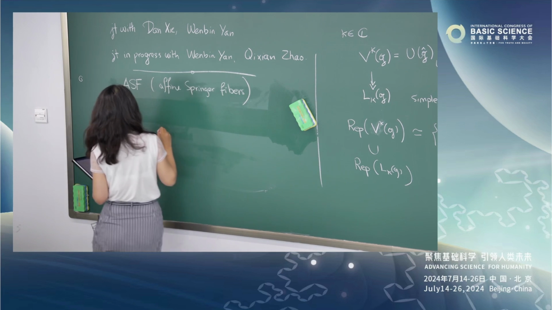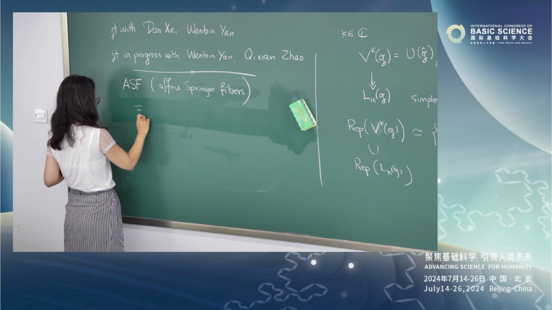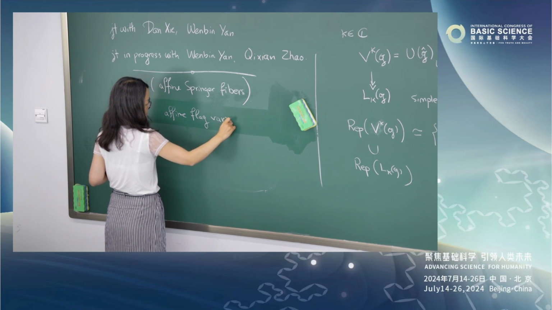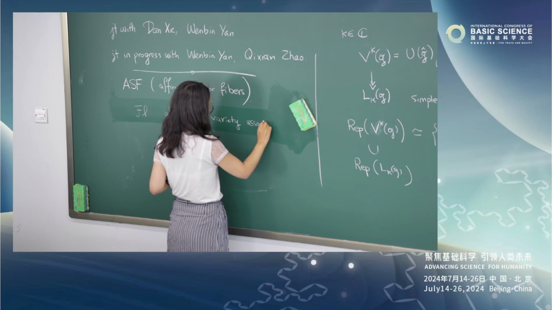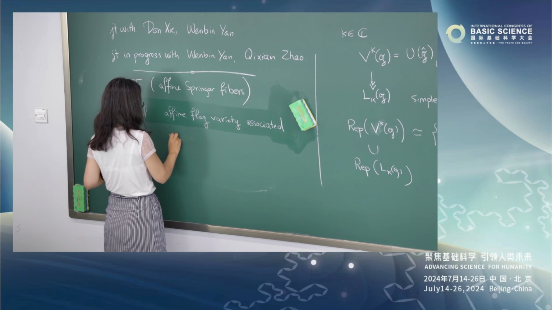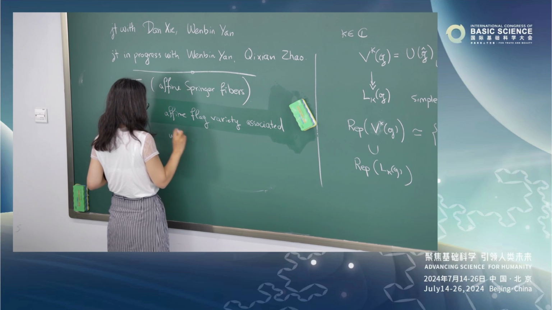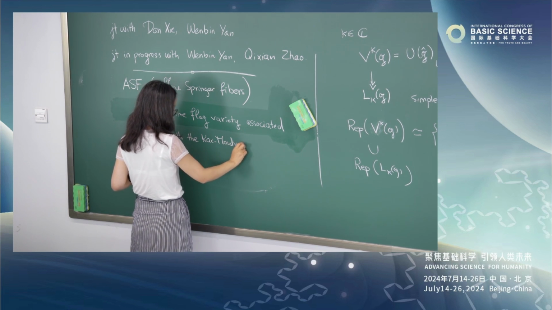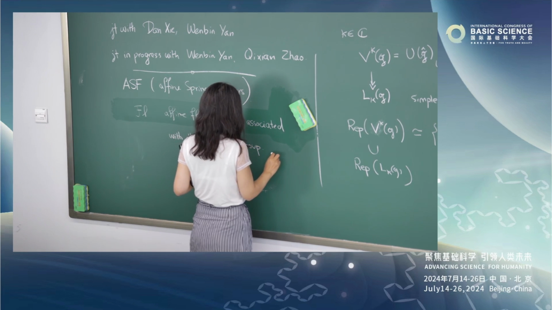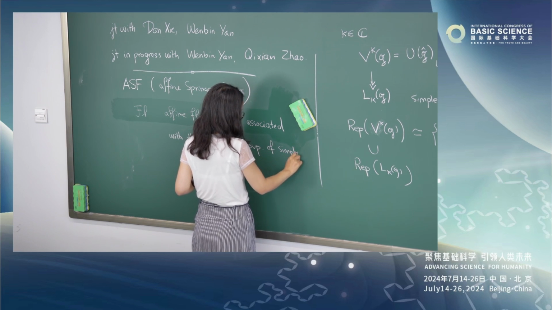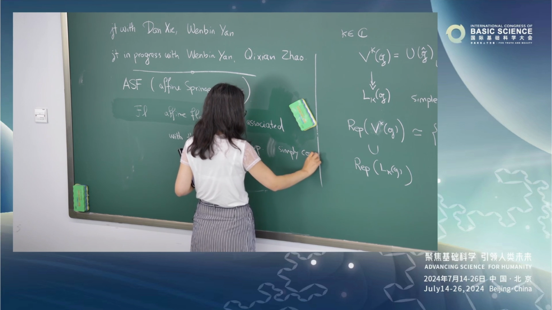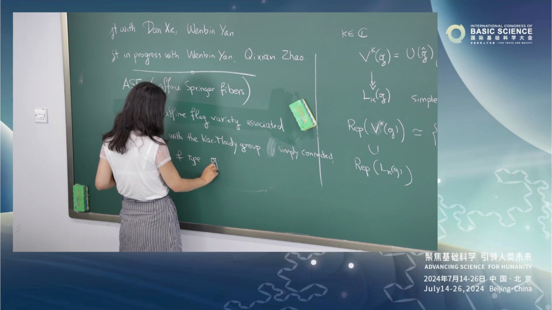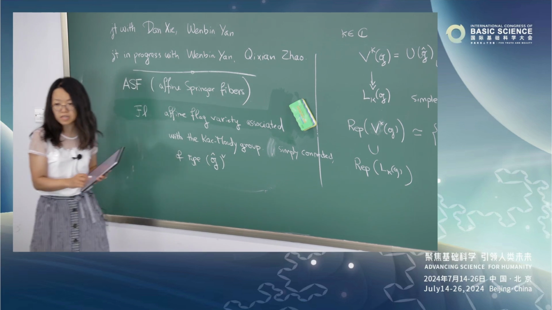So I should take the flag variety associated with the, let's say, the Kac-Moody group of, let's say, simply laced type, simply connected Kac-Moody group, and which is of type dual to the Langlands dual of the affine algebra.